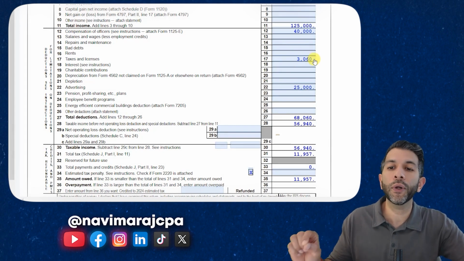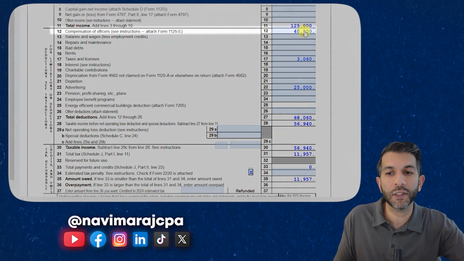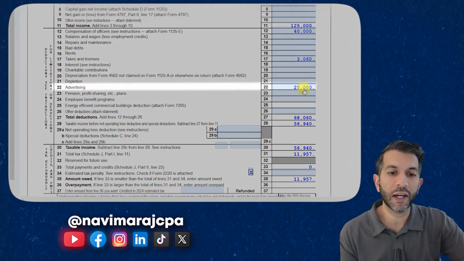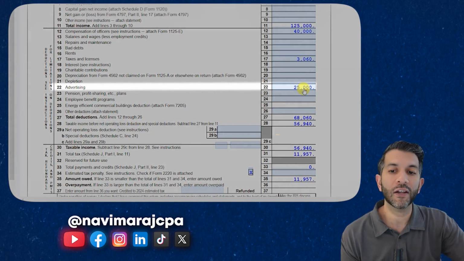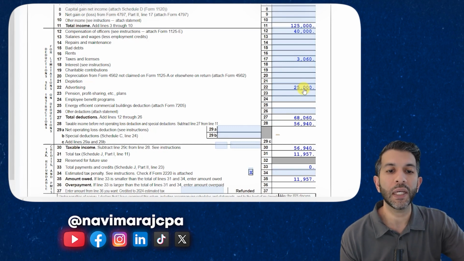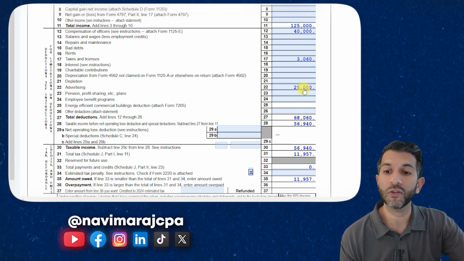This is the employer portion of Social Security and Medicare on the $40,000, right? 7.65% times 40 grand is going to equate to this number. Then you have some other expenses here. Now, I'm trying to simplify this, and I just put $25,000 under advertising here. But in the real world, this might be divvied up between rent payments or office expense or things like that, right?